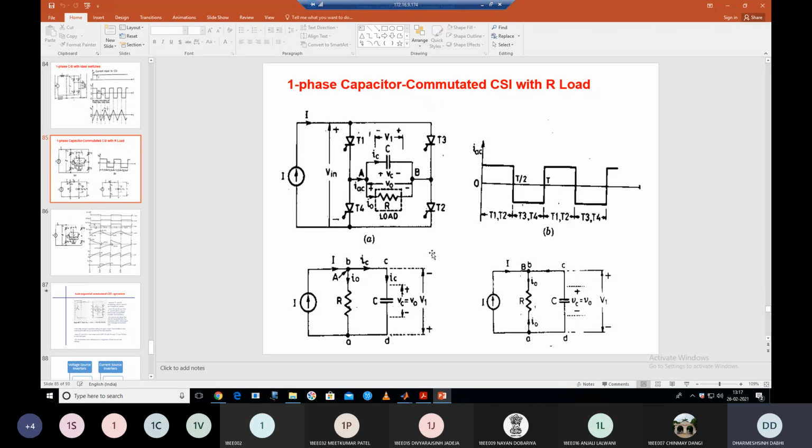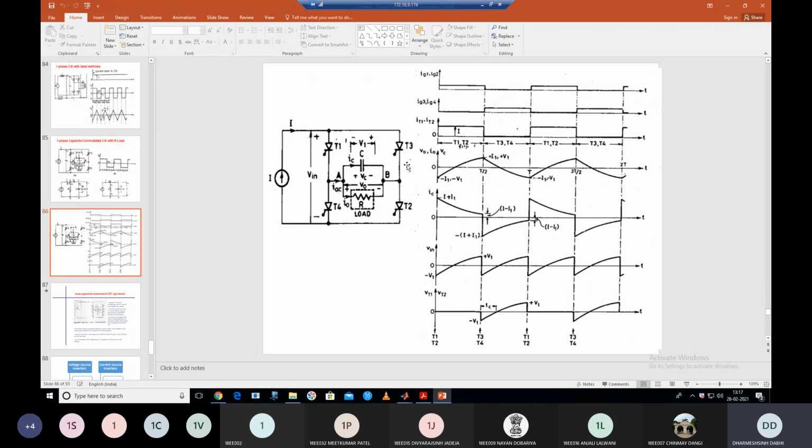In this condition T1, T2 is on. You can see that initially the voltage across the load is minus V1 because we assumed that initial charge, and current flows from T1 to T2 through this capacitor as well as this load resistance.